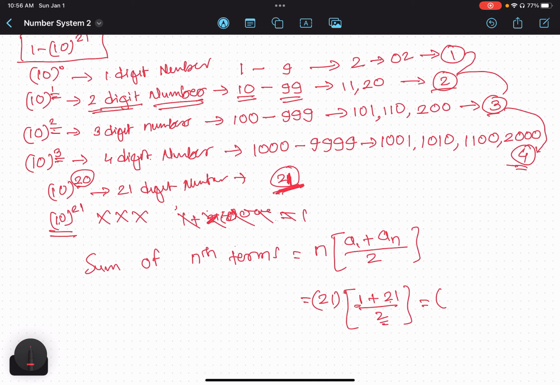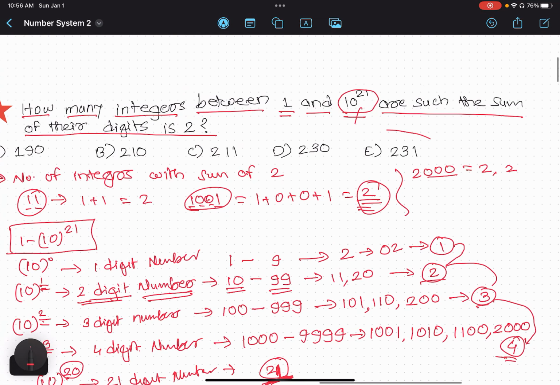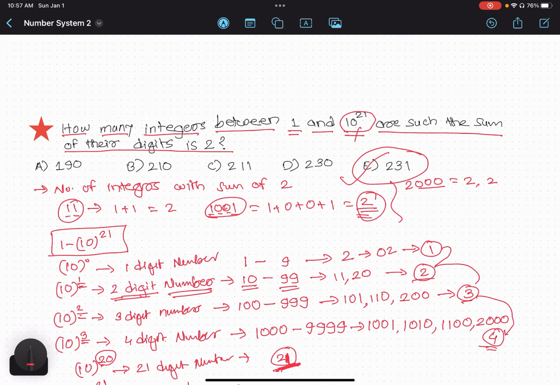So 21 multiplied by 11: 21 multiplied by 10 is 210, and plus 21 gives us 231. So 231 is the answer, and option E is the correct answer.